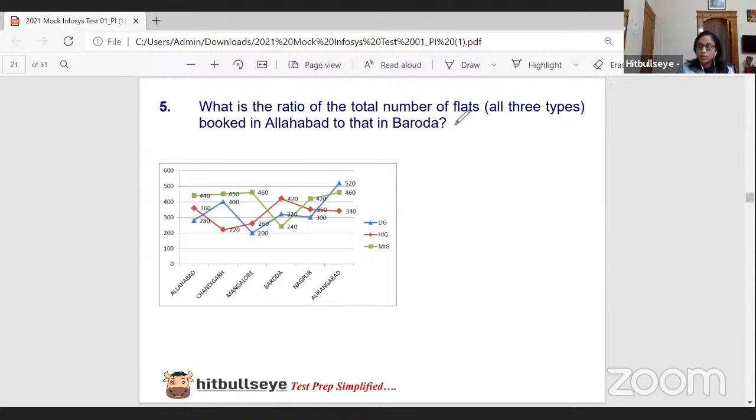What is the ratio of the total number of flats of all the three types booked in Allahabad to that of Baroda? So not too much of chaos now. It's just two cities that are being compared, Allahabad and Baroda. And which type? All types. So you have to add up all the figures of Allahabad and you have to add up all the figures of Baroda and just find the ratio. That's it.